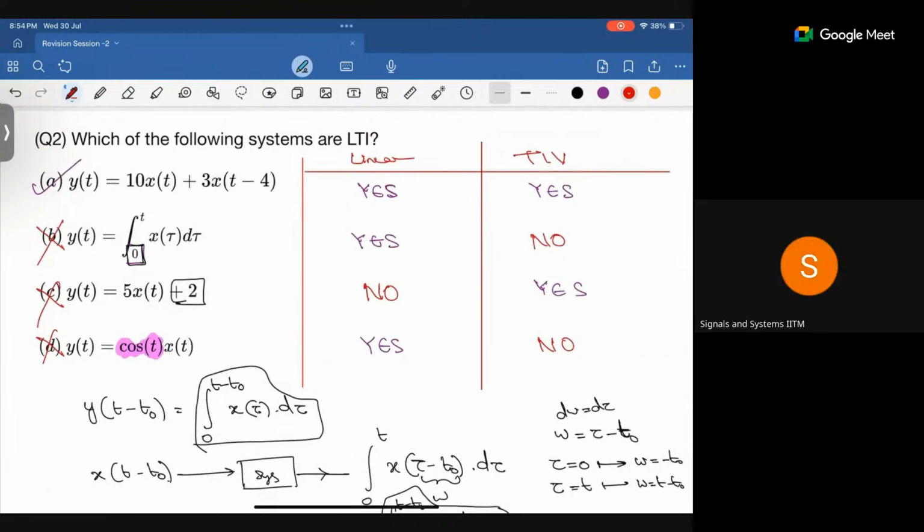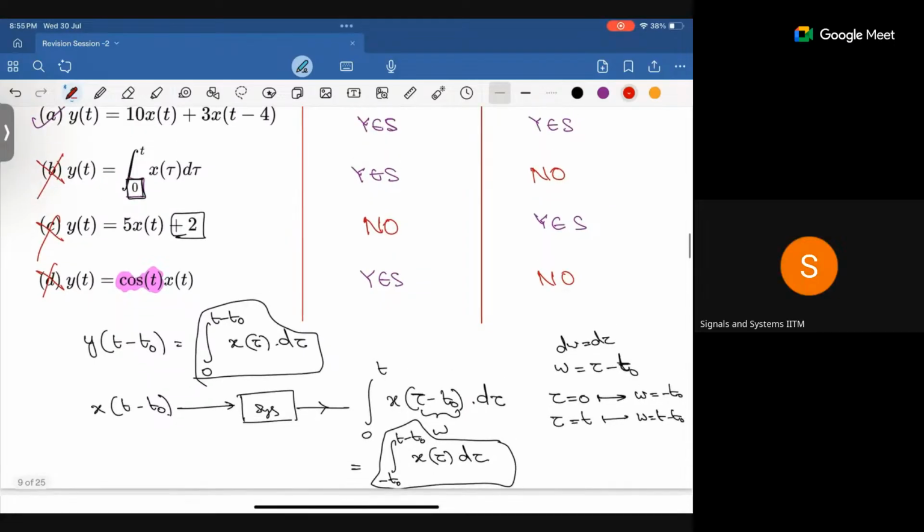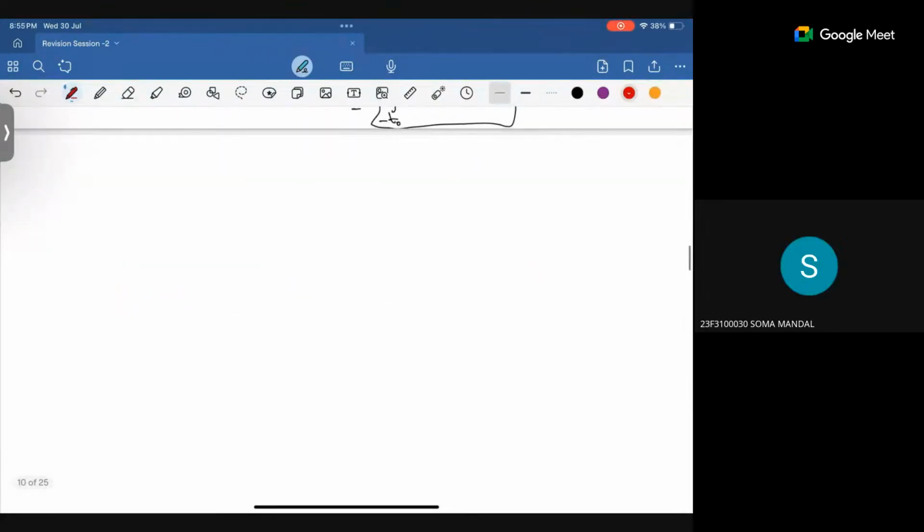Sir, please write the equation for y of t equal to cos t x of t for linear. Yeah, to prove linear, you take alpha x1 of t plus beta x2 of t as the input. As this is the input, what is the system doing?